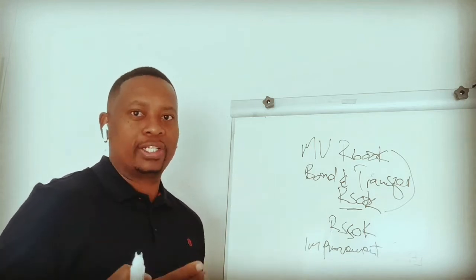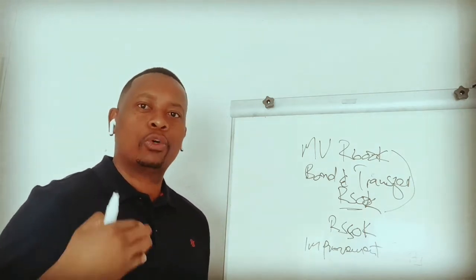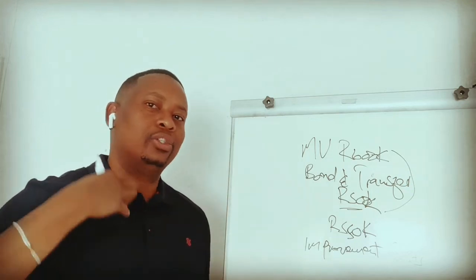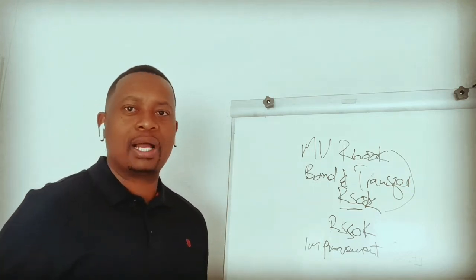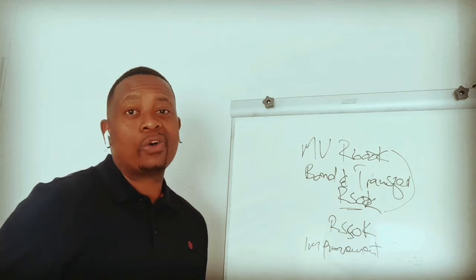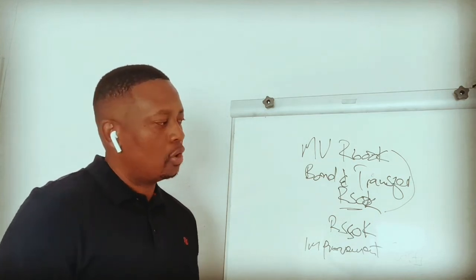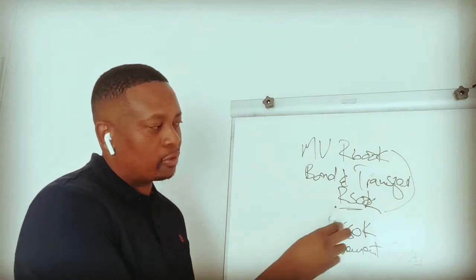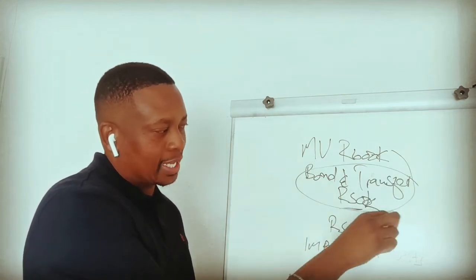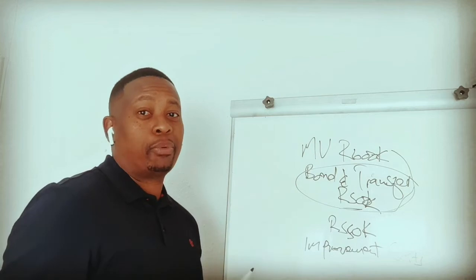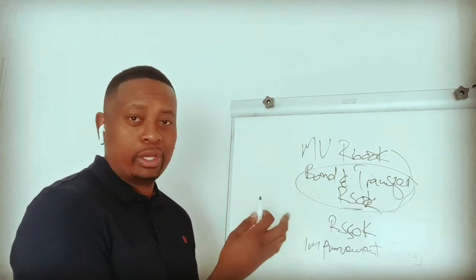So you already know exactly why you are buying it, because maybe you're going to extend it to maximize your income for investment purposes, or you just want to build a dream home for your family. But I always see that a lot of times people don't look at the transfer and the bond registration cost. These are very, very important.